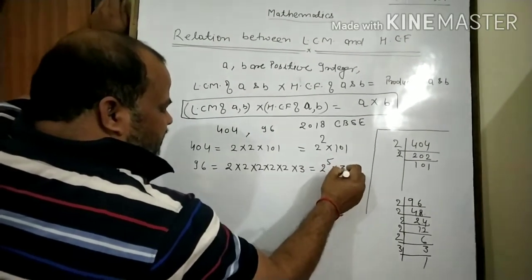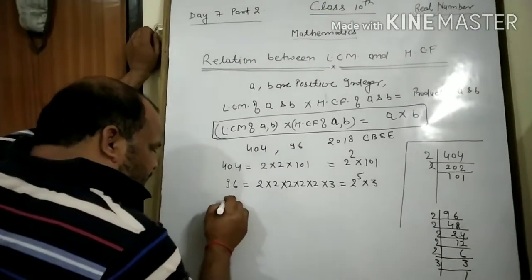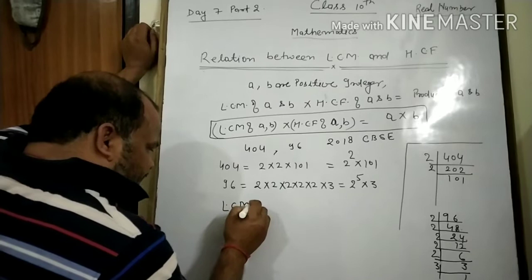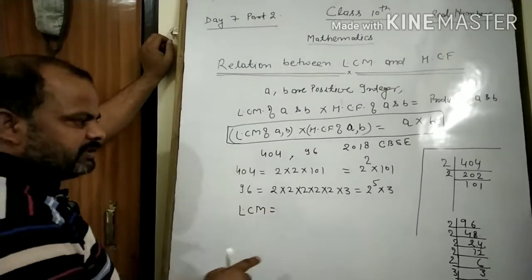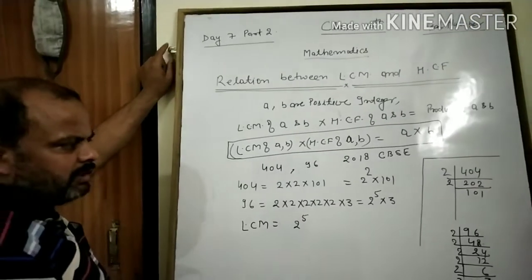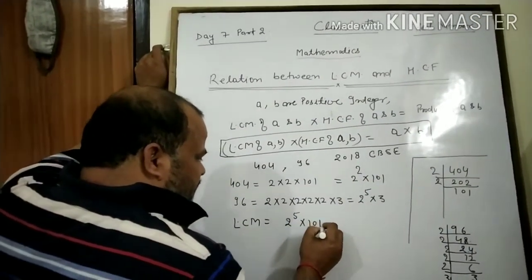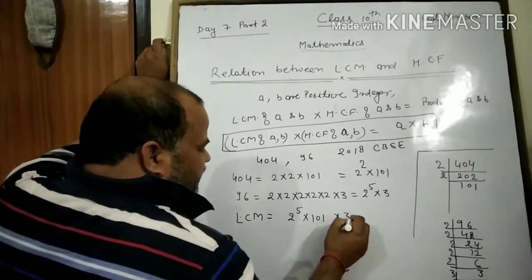If you want to find their LCM, then the LCM takes the highest power, which is 2 to the power 5. Clear? And then 101 and 3.